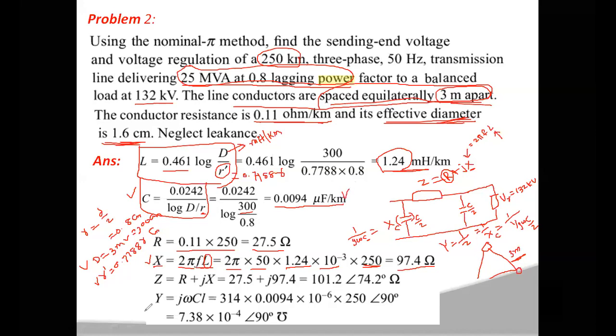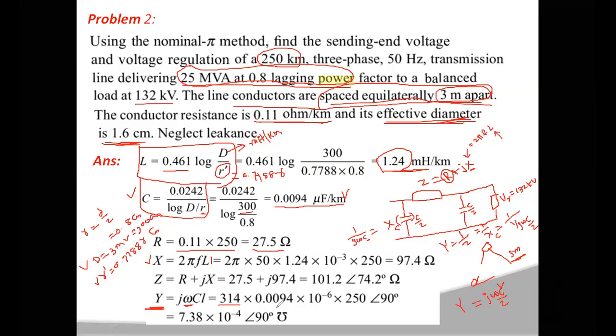So the admittance Y is equal to j omega C. To get the total admittance, you multiply with L, the length of the transmission line. Here omega is nothing but 2 pi f, which gives 314.